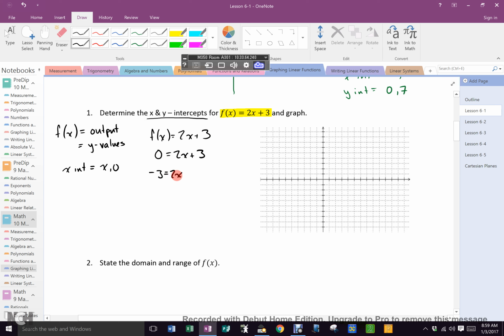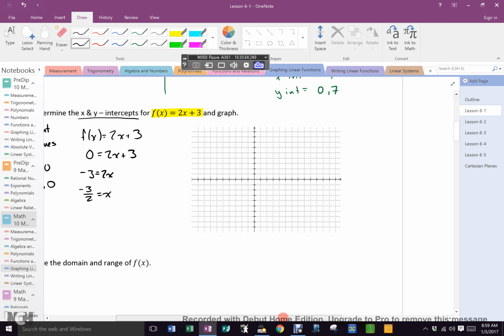Now what? Divide by 2. So negative 3 halves equals x. Is everybody okay with that? Everybody remembers their grade 6 algebra? Okay. So now, if that equals x, what is my x-intercept? Negative 3 halves. And what y value? 0. Everybody got it? Okay.